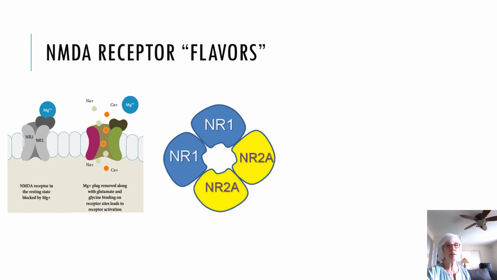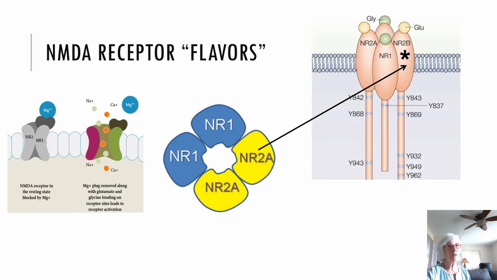You'll see that the yellow NR2 subunits in this diagram are labeled NR2A. Well, there are actually multiple forms of NR2, and another is NR2B. So some NMDA receptors are a combination of NR1 and NR2A subunits, and other NMDA receptors are combinations of NR1, NR2A, and NR2B. Again, always 4 subunits, but sometimes we have more NR2Bs, sometimes we have more NR2As.